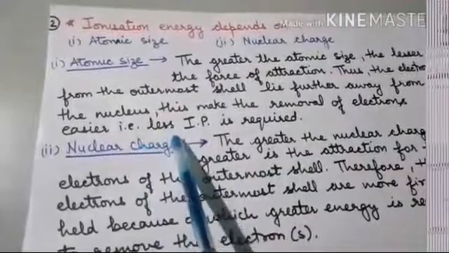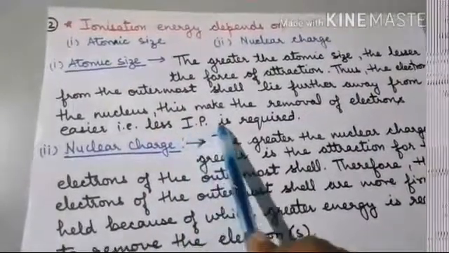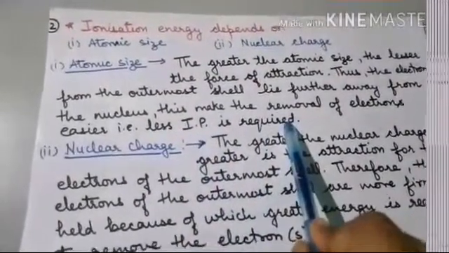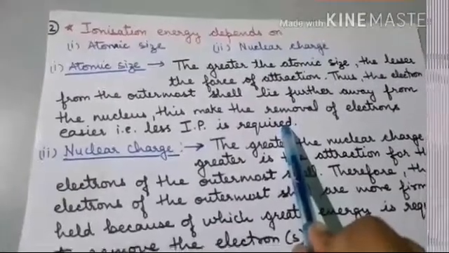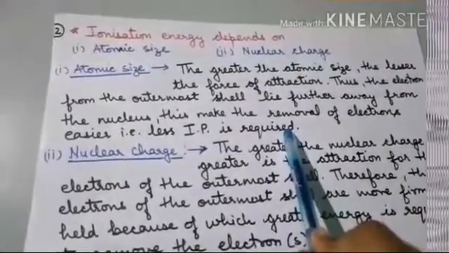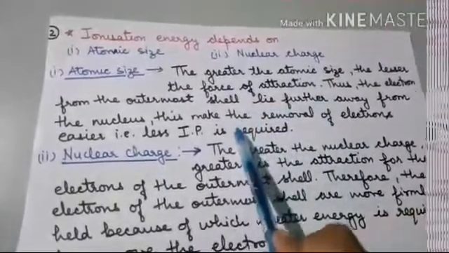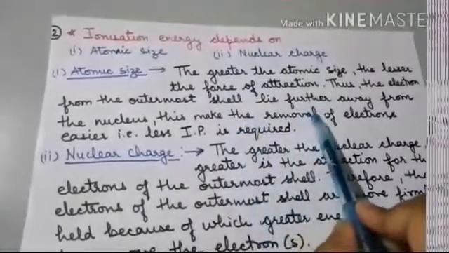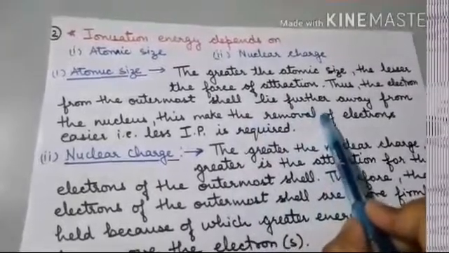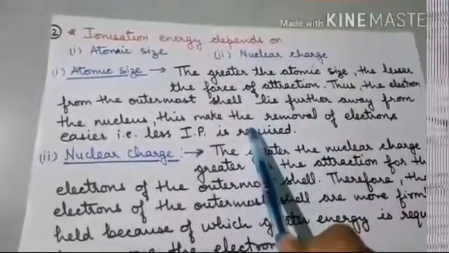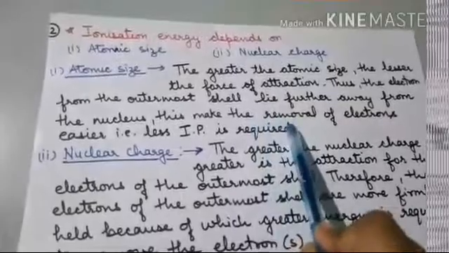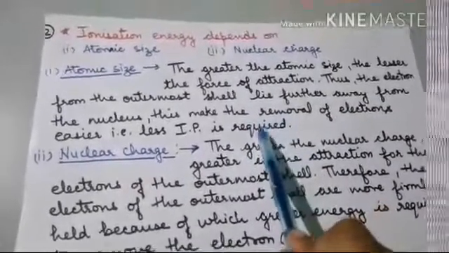That means less ionization energy is required. Means if the size of the atom is large, then the electrons have less force of attraction towards the nucleus. So the outermost electron, the electron which is present in the outermost shell, can be removed easily with less energy.